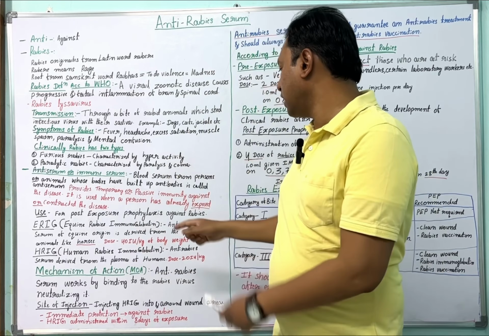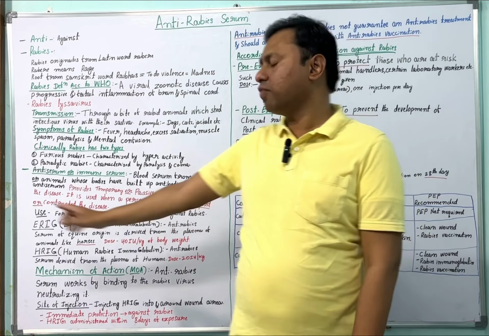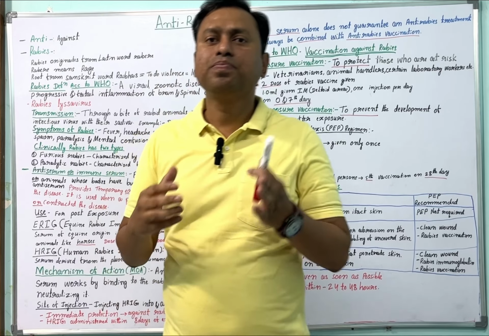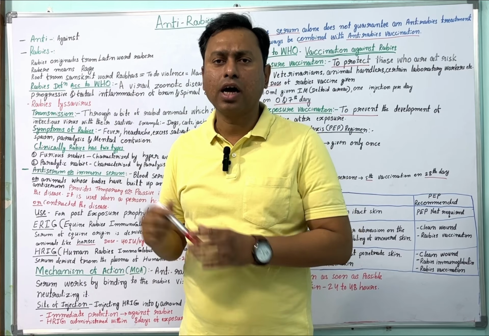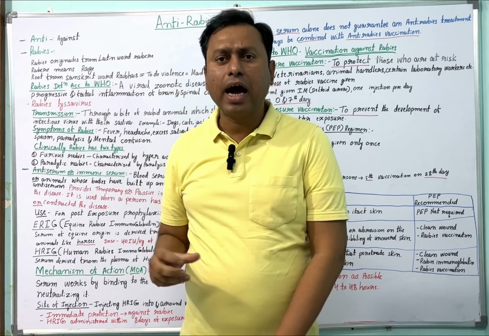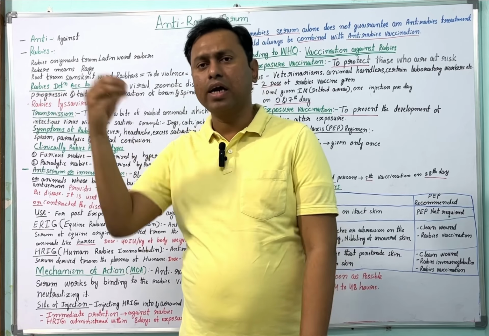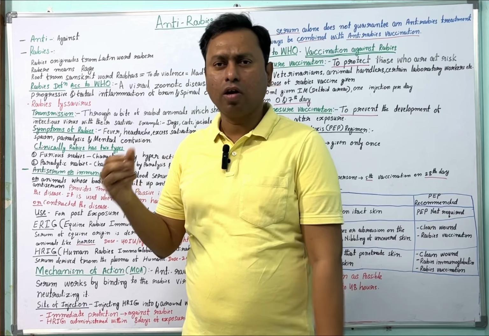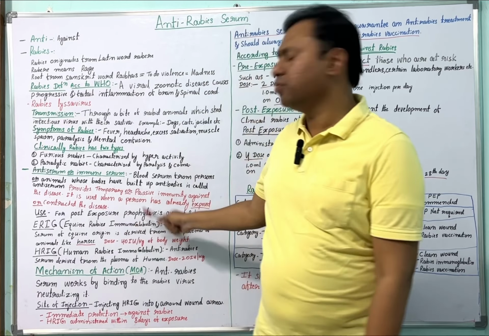The antibody serum is derived from the plasma of the horse. We inject the rabies antigen into the horse, and after a few weeks it produces antibodies. We separate out those antibodies, and that is called equine rabies immunoglobulin.